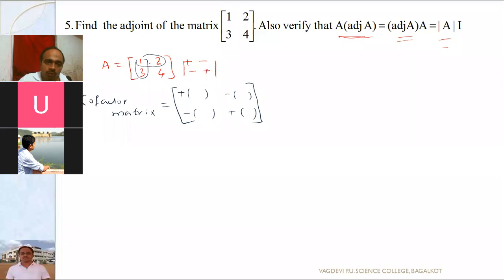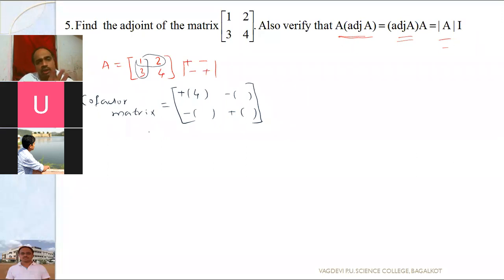If you delete this row and this column, I get 4. 4 is the minor, plus 4 is the cofactor. Directly you can write the cofactor. You need not write separately. Minor of 1 is this, cofactor of 1 is this. That we did in the previous question, because it was the first example, I wrote separately. But here is an important, lengthy question. You can write all the cofactors directly. You need not write separate lines for minor and cofactor.